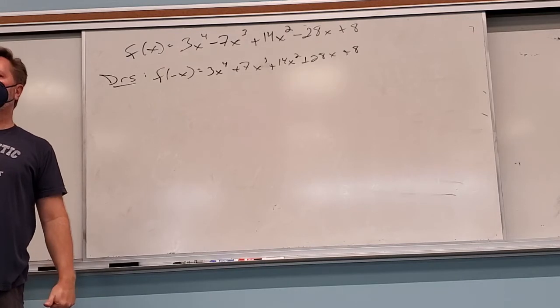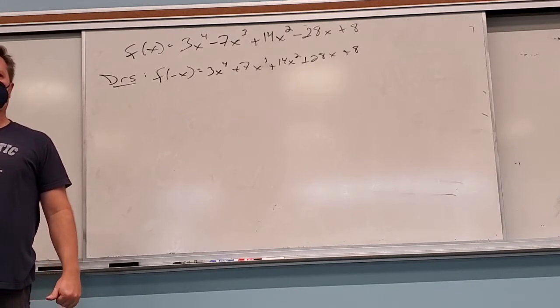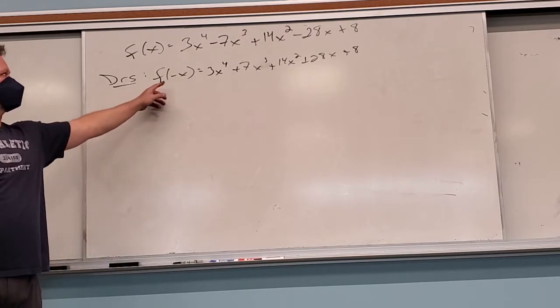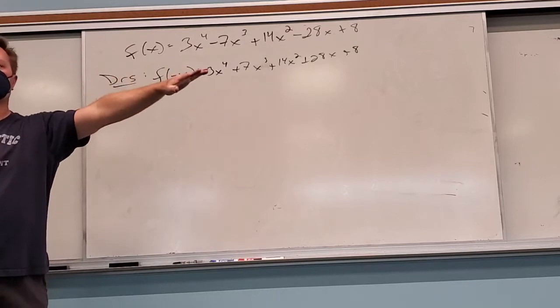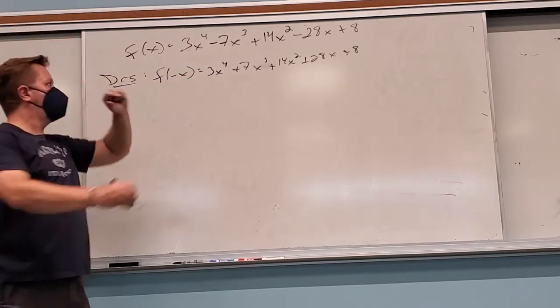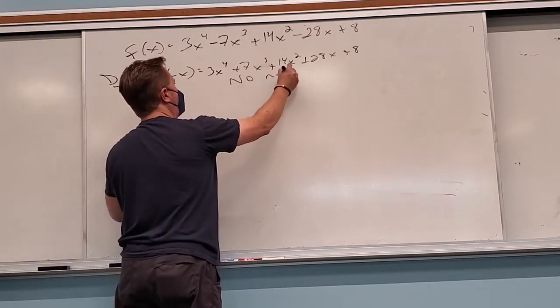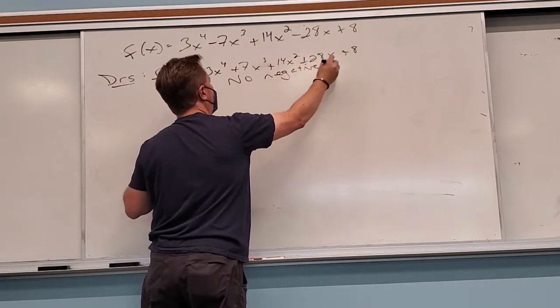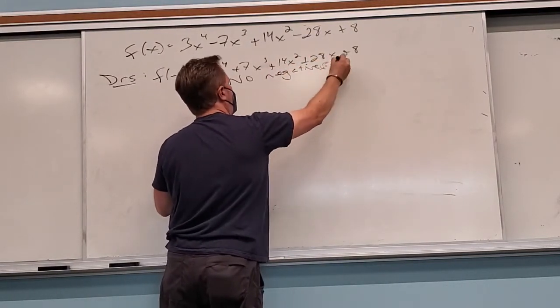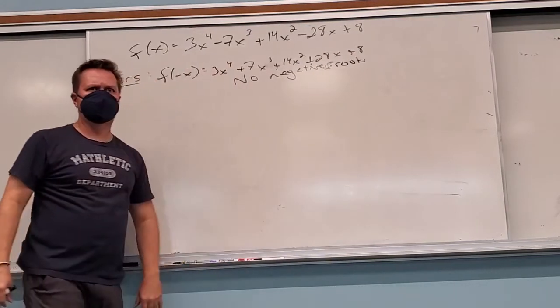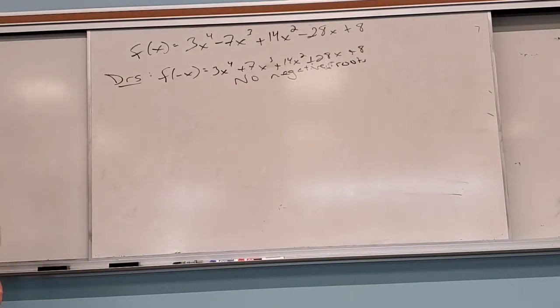So are there any negative roots? No. F of negative x ends up with no changes in sign. So there's no negative roots. So when I go to make my list of possible zeros, I don't have to put plus or minus. You guys with me? Is that going to happen every time? Nope.